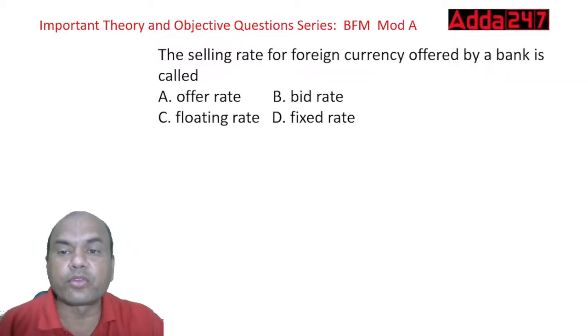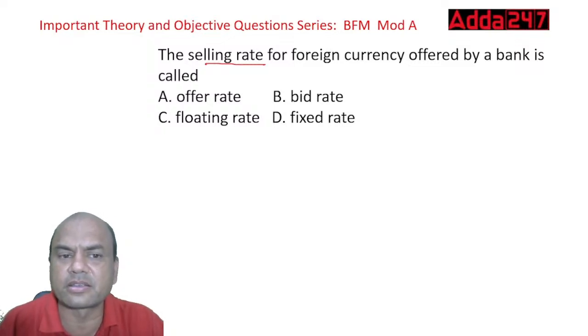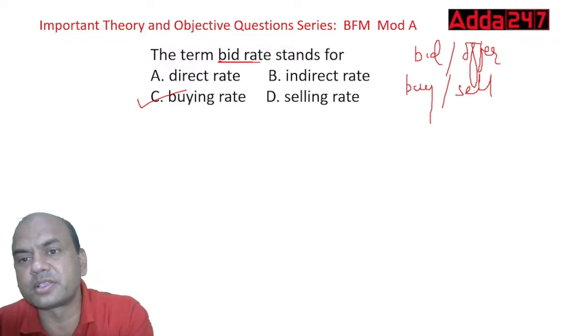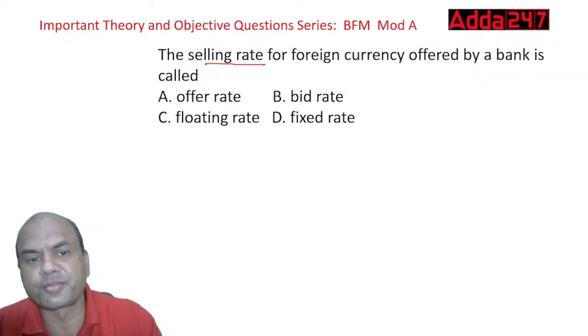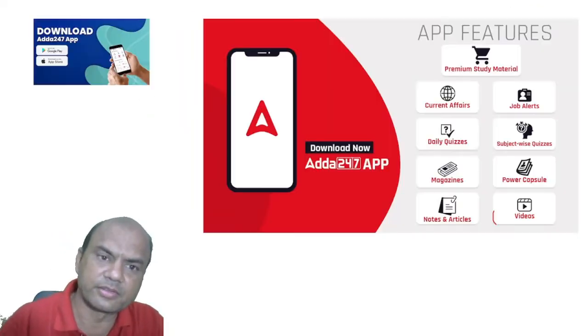The selling rate of a foreign currency offered by a bank is called, just now we did it. The sell rate is known as what? Give me in the comment section. Just now we saw it. Sell is what? Correct? Type fast. Offer. Isn't it?